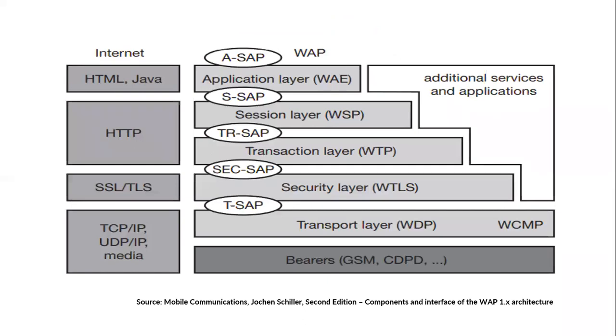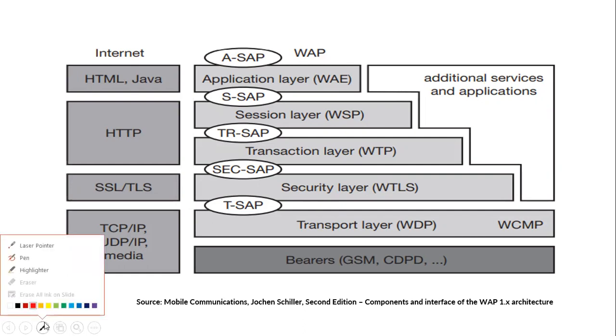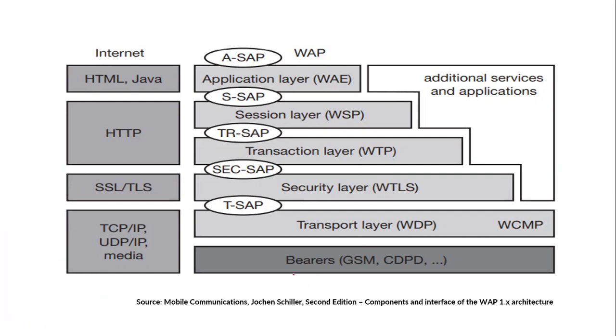So this is the architecture, or the layers, of WAP. At the bottom we can see the bearer service. This bearer service is offered by different vendors like GSM or anybody else.